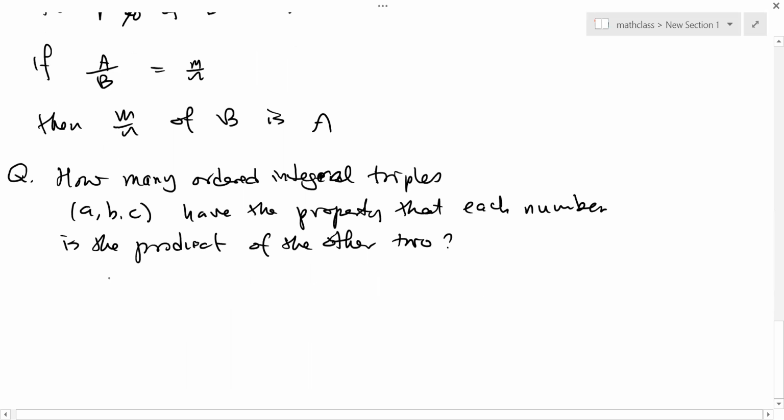That means you are going to get those three equations.